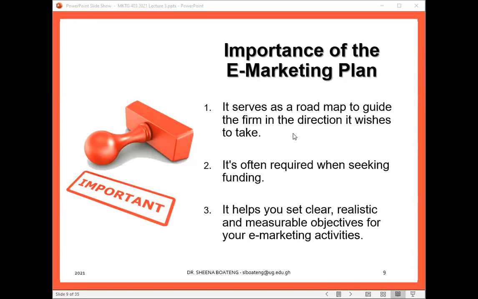At the same time, the e-marketing plan is important because it is often required when you are seeking funding. Remember that marketing is one arm of the organization and plays a specific role within the value chain. Funding within the organization is obtained through consultation with the relevant arms of the organization, including the finance and accounts department.